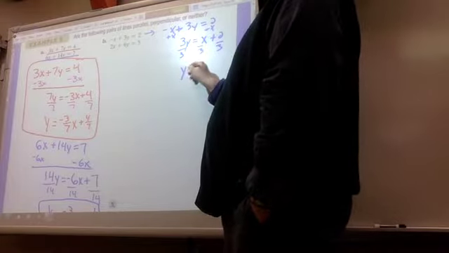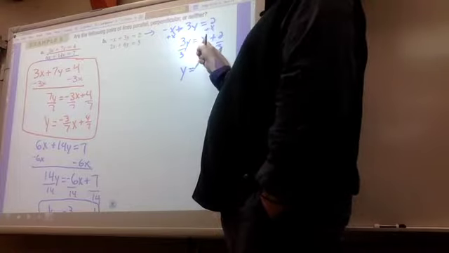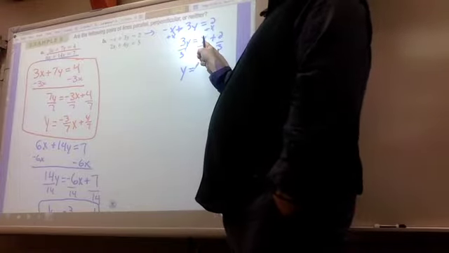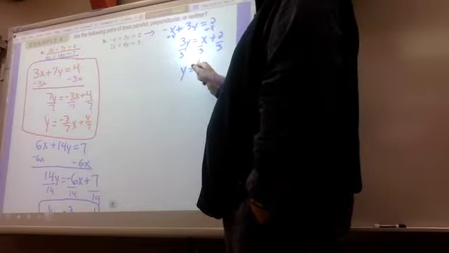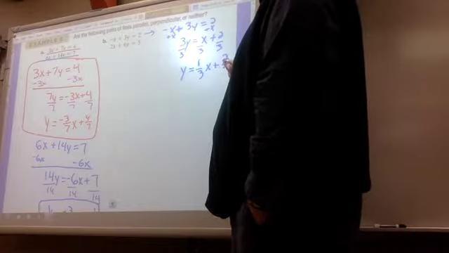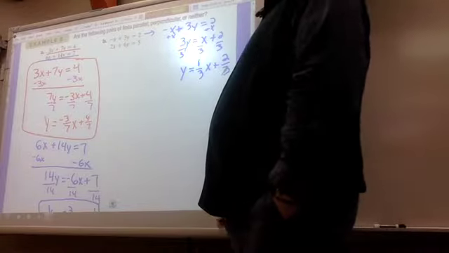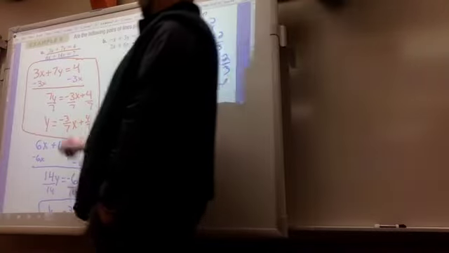Important note here: what number is in front of the x? A 1. So that's 1 over 3 is my slope, and then the 2/3 is my y-intercept. All right, let's look at the other one.